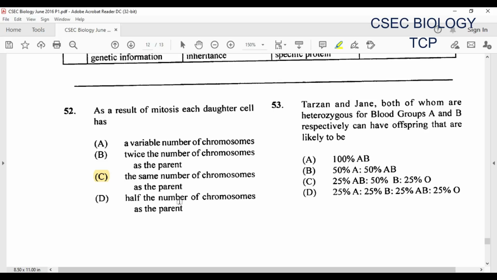Now when we do this cross, I like to talk about drawing the Punnett square. To do this question, it would require us to construct a Punnett square, and a Punnett square is pretty much a table that has 3 columns and 3 rows, where the first cell of that table to the left is usually blank, and then here we would have A in the next cell and O in the other cell.